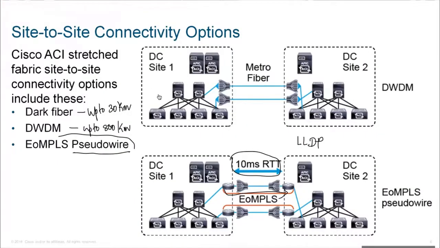So pseudo wire, if it is Ethernet over MPLS, is most likely to be done over DWDM. Just make sure that you have QoS implemented over this connection. The reason being, you want to give priority to the COOP traffic, the MP-BGP traffic, and ISIS, which has to form the routing table, and the VXLAN.